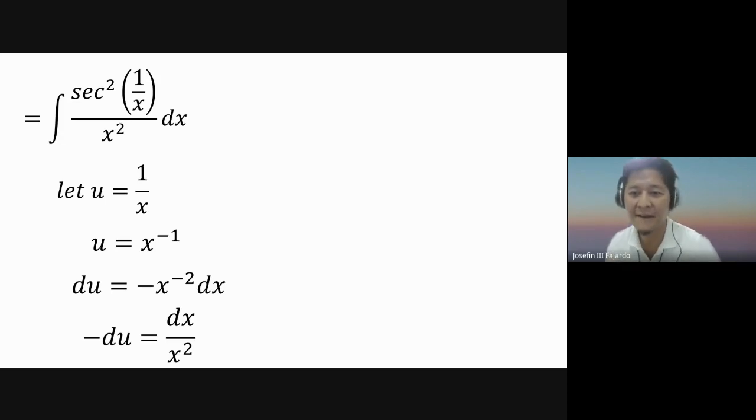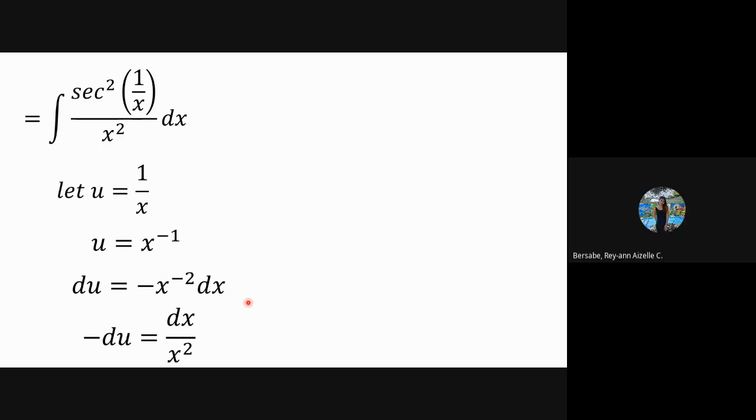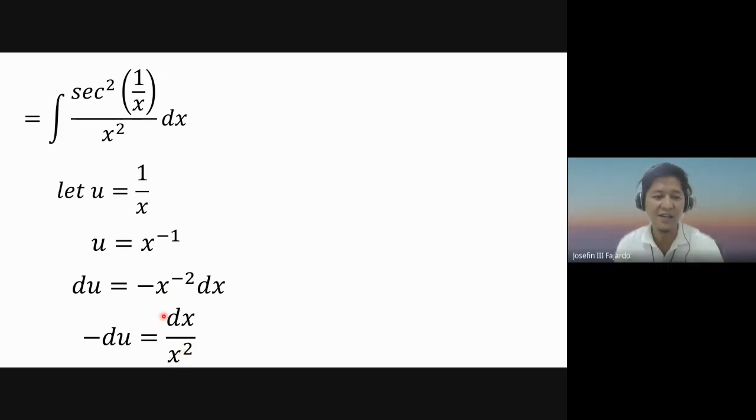Tama ba yun? Kunwari ito, pag tinaas mo yung x squared, ano magiging itsura niya? Ilalagay mo sa taas. Ano mangyayari kapag yung x squared natin dito sa denominator, nilagay natin sa numerator?